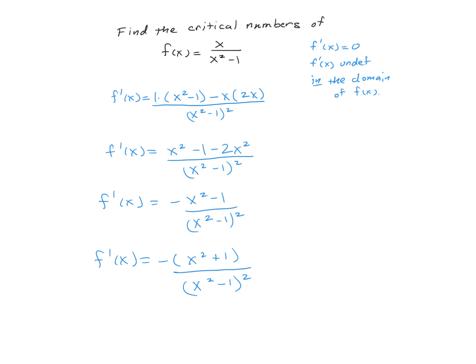But x squared plus 1 is always positive. In fact, it's always greater than or equal to 1. So our derivative, f prime of x, is never equal to 0. And in the event that you wanted to set it equal to 0 and try to solve for x, you would get imaginary numbers in this case. And again, this is keeping everything to real numbers in Calc 1.